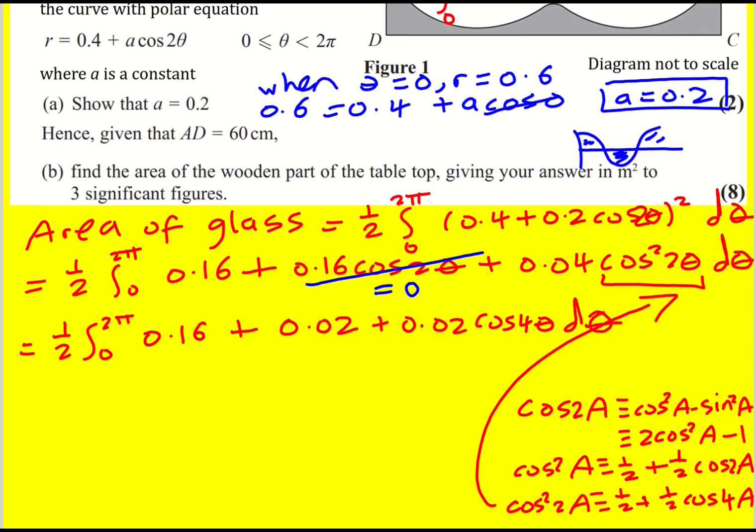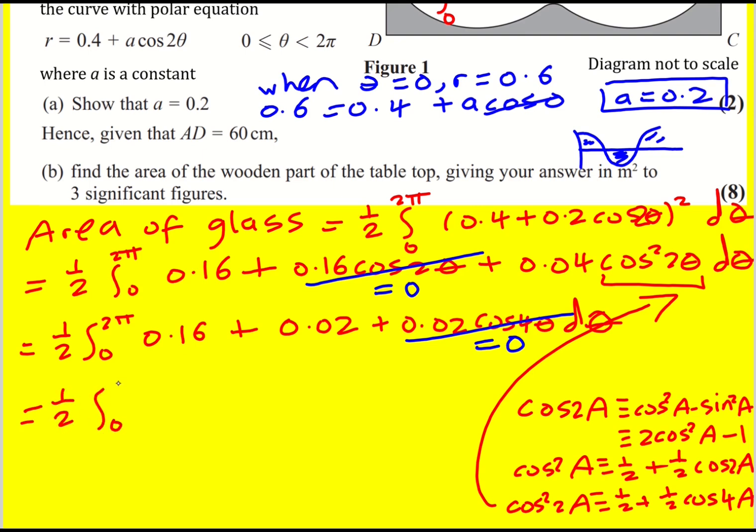Just like I cancelled out the cos 2 theta, it's exactly the same. Now I've got 4 lots of cos over this interval from 0 to 2 pi, so this is going to be 0 again. Maybe if you have time you could come back and show where it comes from using integration, but I feel like it's absolutely valid. Suddenly the integral becomes really simple.